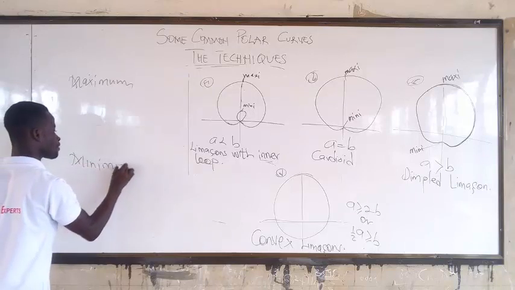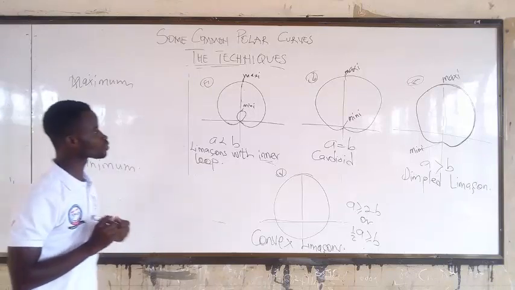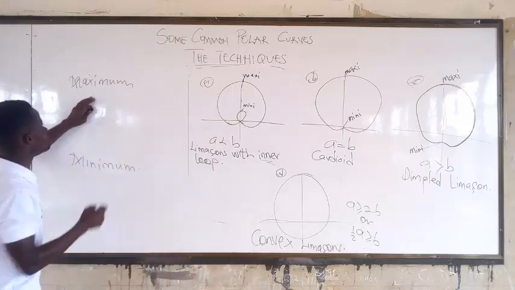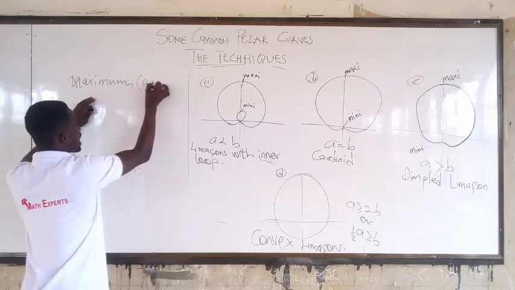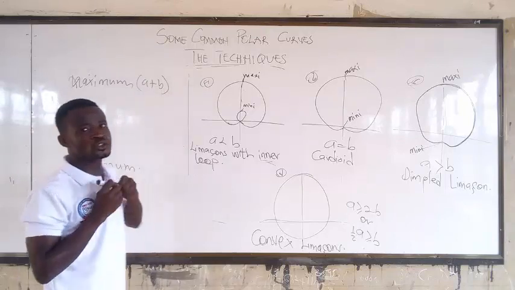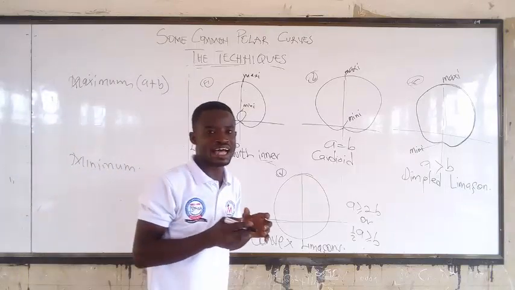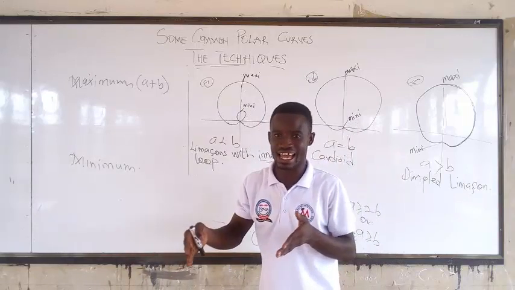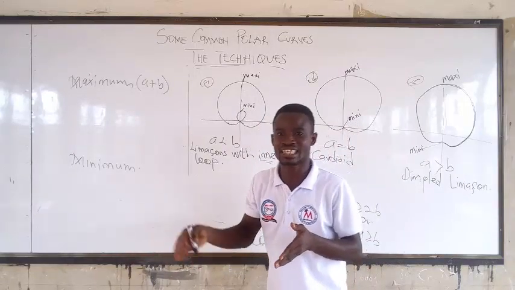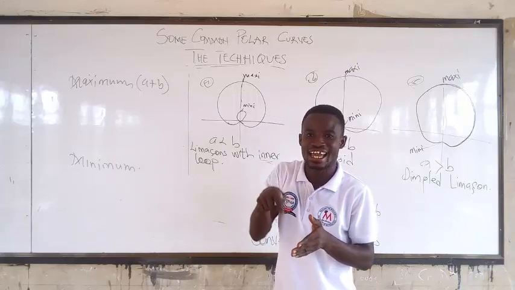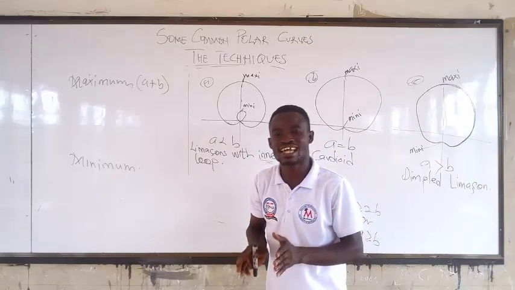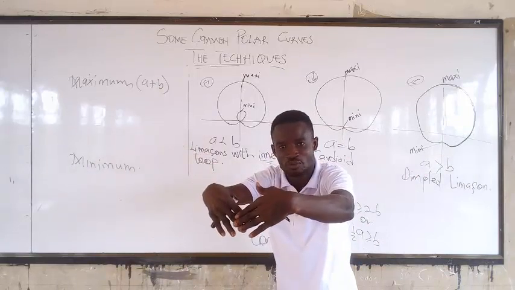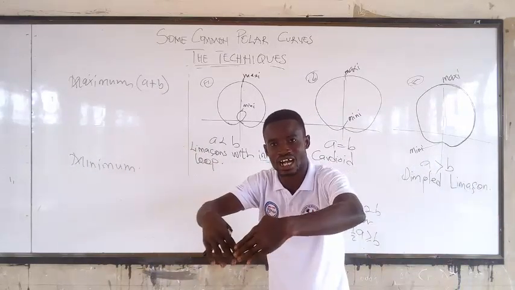The minimum. Alright. Now, the maximum is always A plus B. For you to determine, you know that, for instance, r = a sin theta. The A there is a constant, and that is just showing how enlarged the circle is going to be, or how enlarged your graph is going to be.